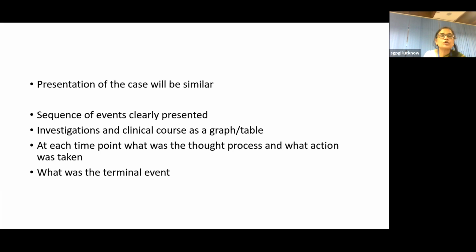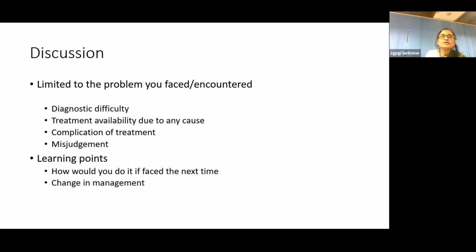And the aim of the mortality meeting, which we normally have as a CGR or audits in your department, is basically to elicit what problem you faced or encountered during this case management. The presentation has to come out with that.